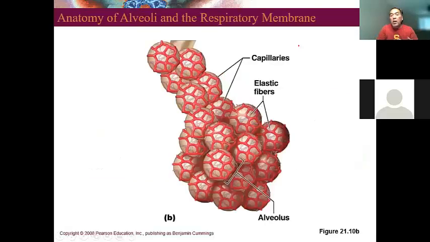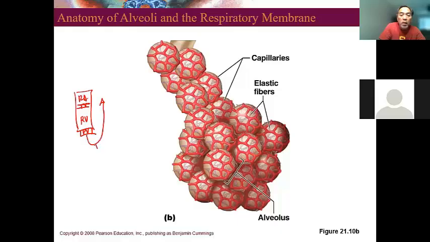Okay, now this picture shows you the blood vessels called the pulmonary circulation capillaries wrapping around the alveoli. Okay, remember, these are the blood vessels that came from the heart. So if you remember the schematic diagram, we have the right atrium, the tricuspid valve, the right ventricle, the pulmonary valve, and then it goes to the pulmonary artery.